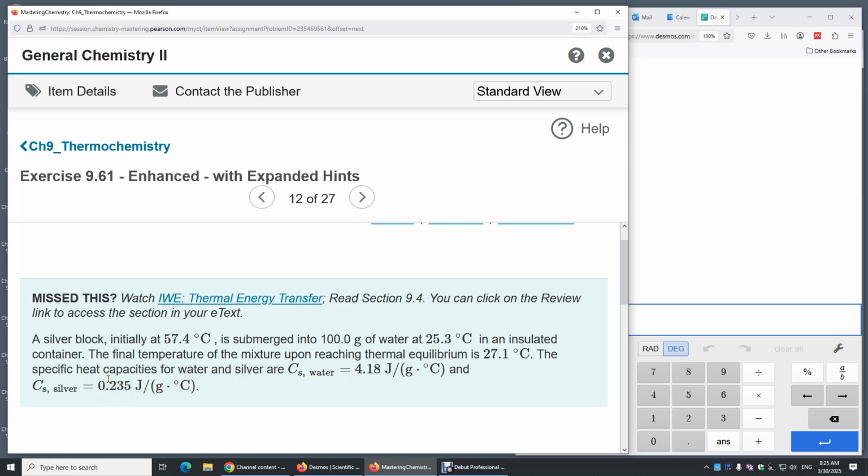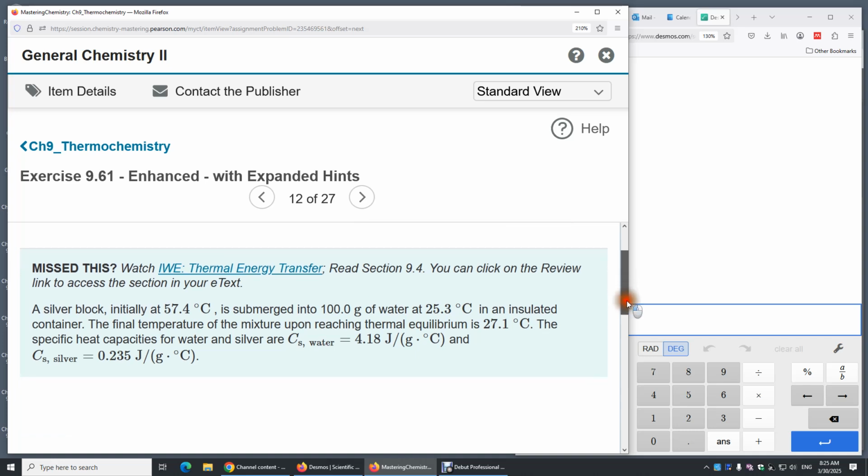That means the temperature change of water should be much smaller than the temperature change of silver. And we can see that here the temperature change of water is less than 2 degrees Celsius, and the temperature change of silver, if you look at these two values, take the difference, it's more than 30 degrees Celsius. So it makes sense.